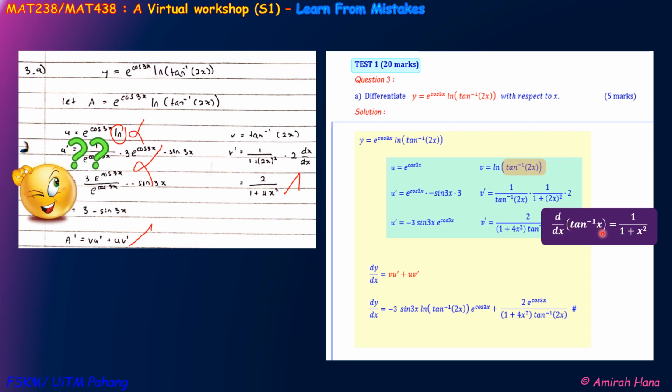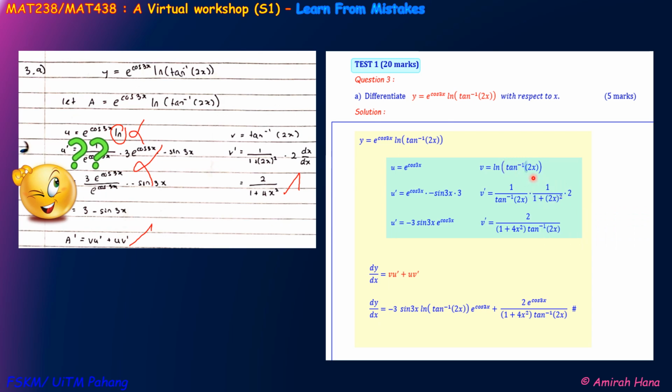Okay, jawapannya adalah 1 over 1 plus x squared. X kita sekarang konon-kononnya 2x. So when we differentiate inverse tangent 2x, the answer must be 1 over 1 plus x, kita sekarang adalah 2x, and then bracket squared.